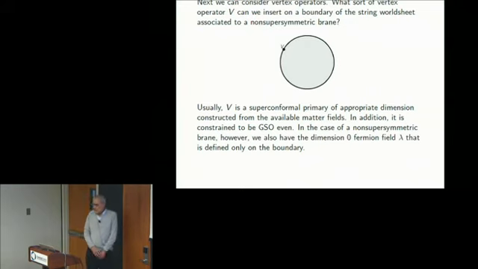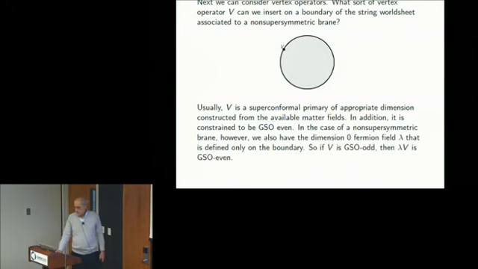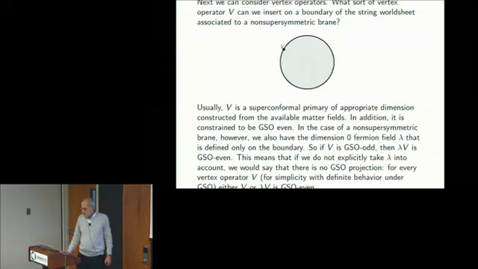In the case of a non-supersymmetric brane, we also have the dimension 0 fermion field lambda that's defined only on the boundary. So if V is GSO odd, then lambda V is GSO even, because lambda itself is GSO odd. That means if you don't explicitly take lambda into account, you'd say there's no GSO projection. For every vertex operator V, either V or lambda V is GSO even. And so every superconformal primary made from the matter fields corresponds to an allowed vertex operator. That's also part of Sen's story.